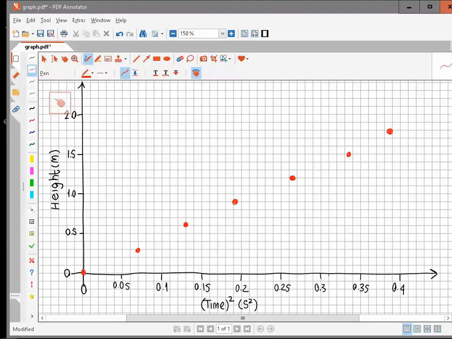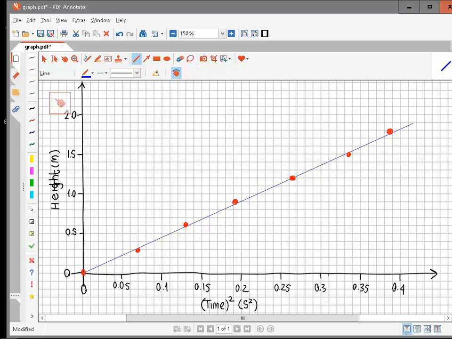Now we've plotted our data points on the scatter plot, and the next step is to sketch a line through these. This looks quite linear, so I'm going to have a go at sketching a straight line. That looks pretty good with my data, and what's left now is to check that we have all the elements of the graph.